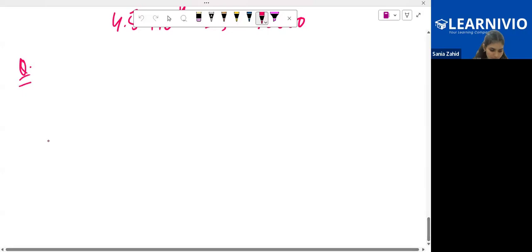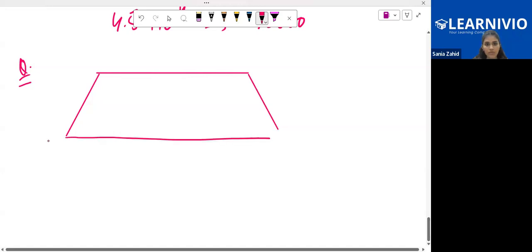The question is, you have this figure. Okay, this angle is 120 degrees.